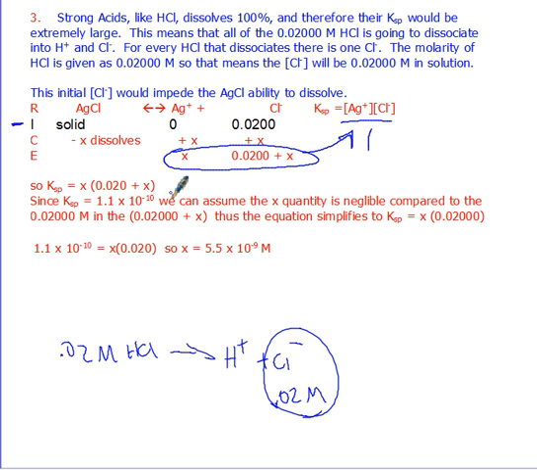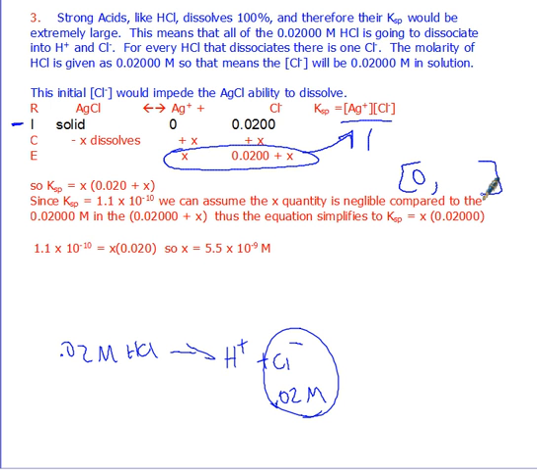One's doing the algebra as we solve using the Ksp value that's given here. Two is using the solver function. You would plug in your boundaries as 0 and the maximum possible quantity for x.